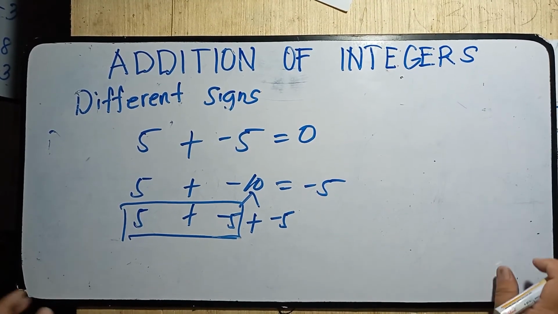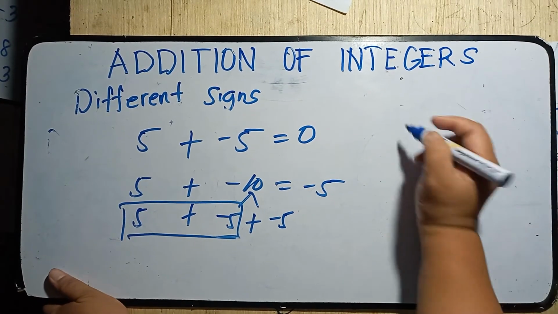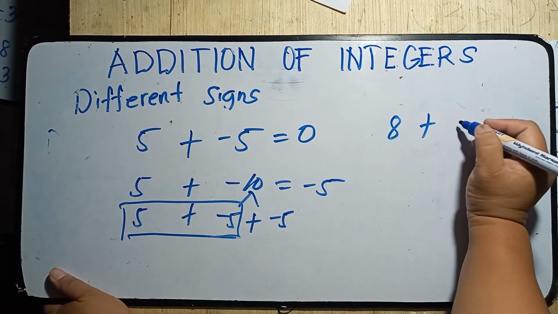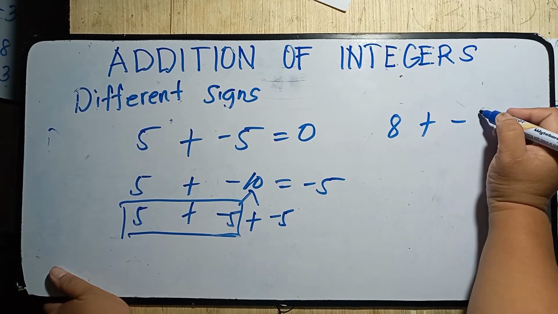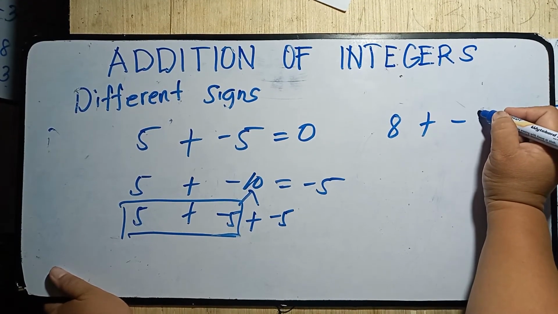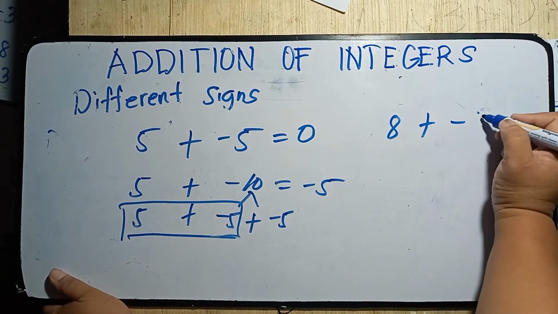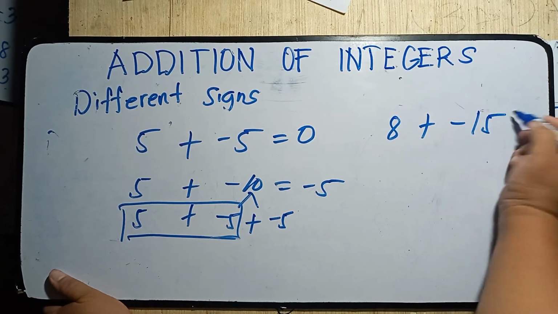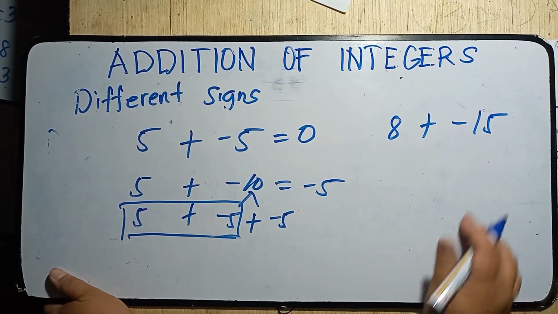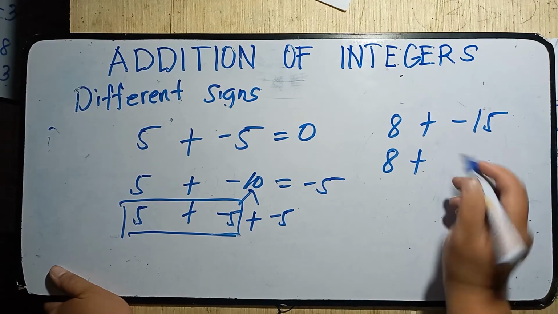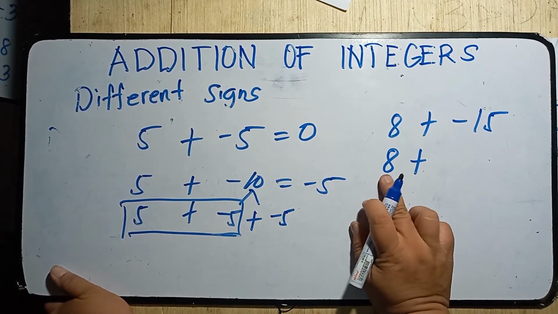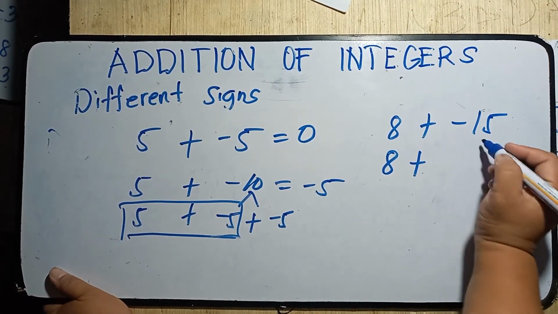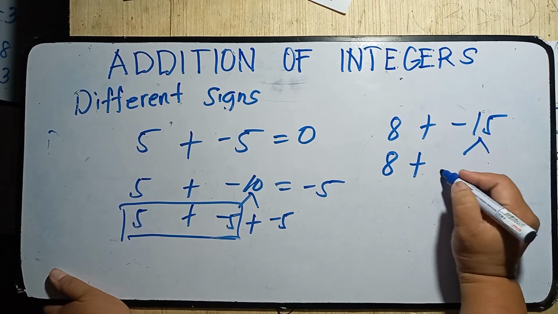Okay? 8 plus negative 15. Okay? 8. Gawa tayo ng 0 pair. Opposite ni 8, negative 8. Kuha ka ng negative 8 kay negative 15.